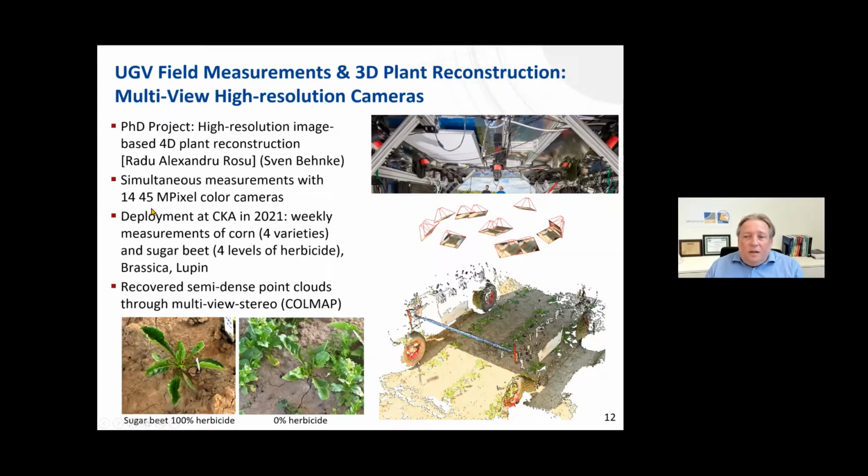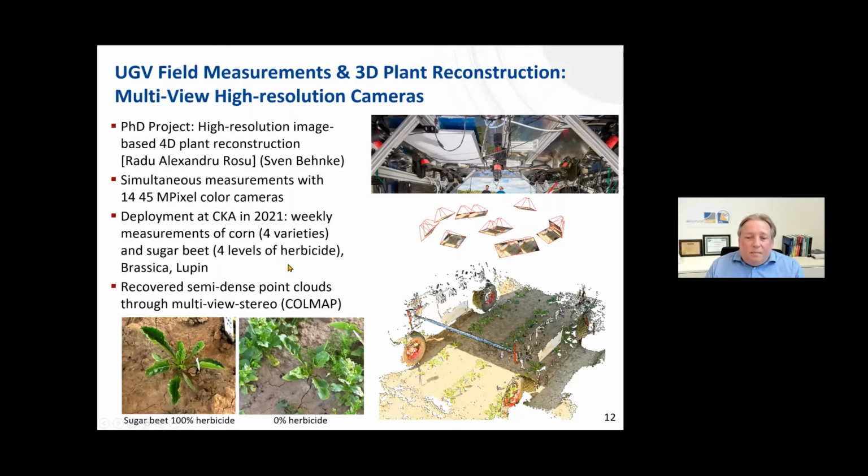The idea is to have really high-fidelity images from different perspectives on the plants, so that we can reconstruct the structure of the plant but also its geometry with millimeter resolution, and then also texture with maybe 0.1 millimeter resolution. And we went to the field on multiple weeks to see how these plants grow.